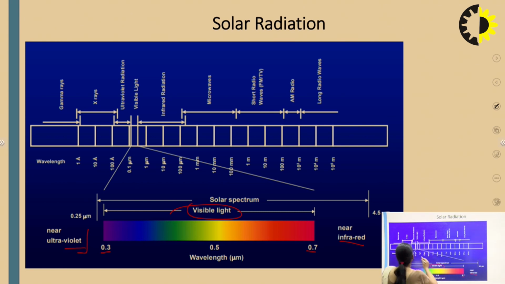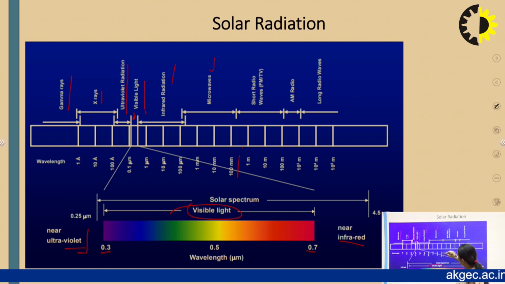So you can see here the total rays of the electromagnetic radiation include the gamma rays, the X rays, the ultraviolet radiation, the visible light which is visible to us, and infrared radiations. It also includes the microwave, which ranges from around 100 micrometer to 100 millimeter.